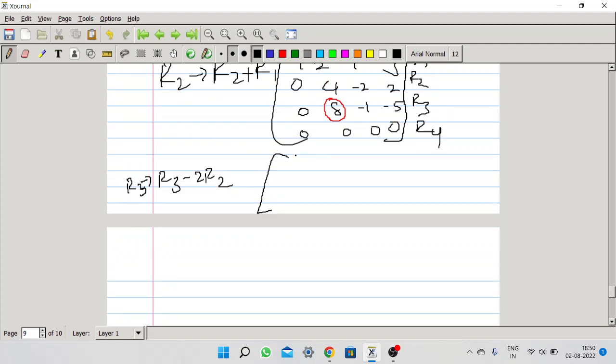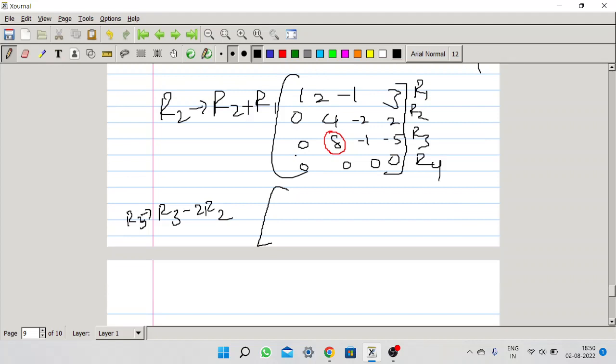So what is the matrix? 1, 2, minus 1, 3, 0, 4, minus 2, 2. This will become 0, 0, minus 1 plus 4, this is plus 3, minus 5 minus 4, minus 9. These all are zeros.